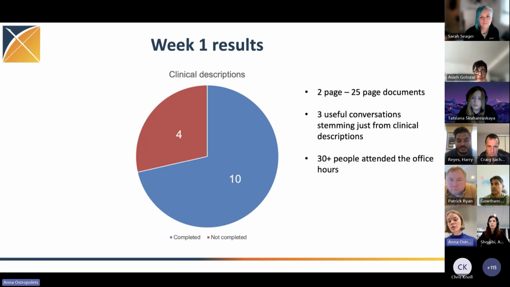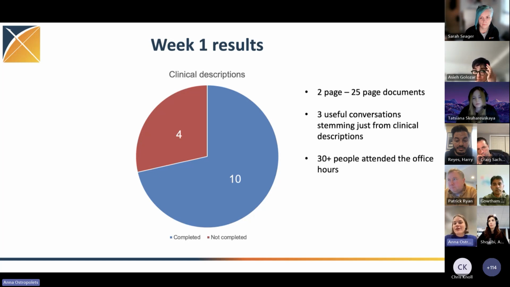For clinical descriptions, out of 14 studies, 10 are done with their clinical descriptions for their phenotypes of interest. The clinical descriptions are really meant to help the study leads clarify what exactly they're looking for, and they were very useful for the partners and team participants to understand the clinical ideas behind the study.